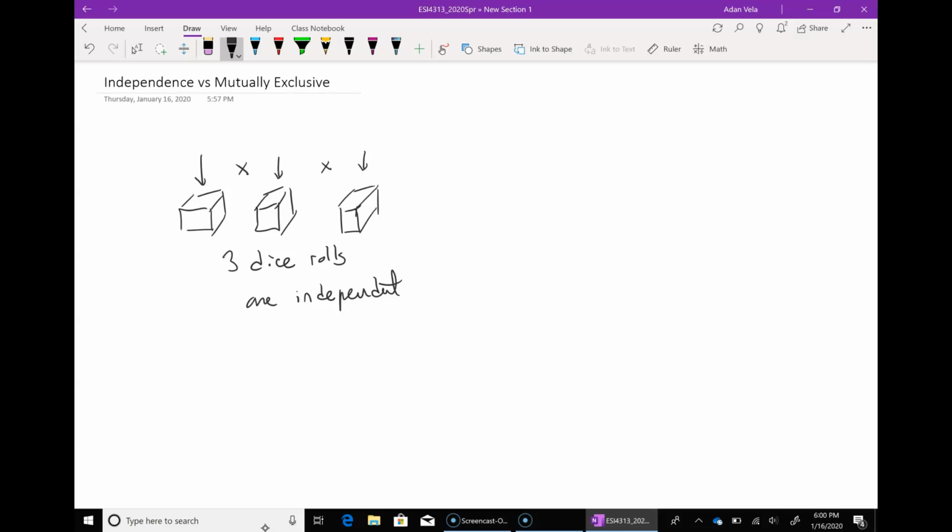And for that reason, we can ask things like, what's the probability that, let's say, roll 1 equals 5, and roll 2 equals 3, and roll 3 equals 2? Each one of these events, so this is one event, here goes another, and here goes another.